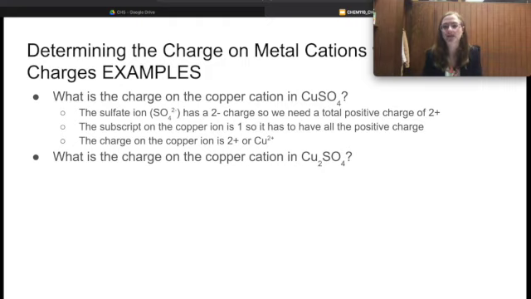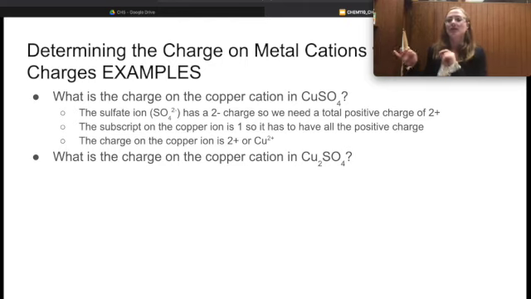Let's look at our next problem, okay? I see I've got Cu2SO4. If I want to determine the charge on that copper cation, again I first use my anion as a context clue. Again, I have sulfate. I know sulfate is SO4 2 minus. SO4 is always a 2 minus, because it's sulfate.